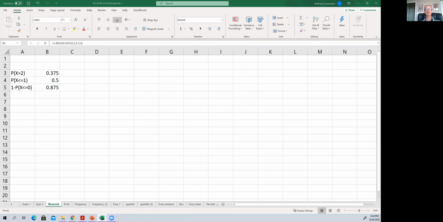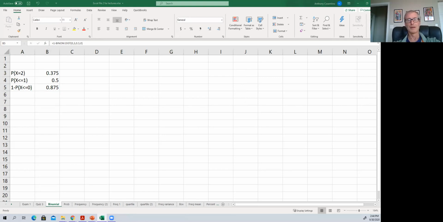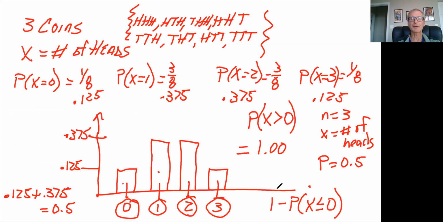And so if you go back to our whiteboard here, you can see that if you add 3/8 and 3/8 and 1/8, you get 7/8. And 7/8 in decimal is 0.875. So you can kind of see how this works with regards to calculation.